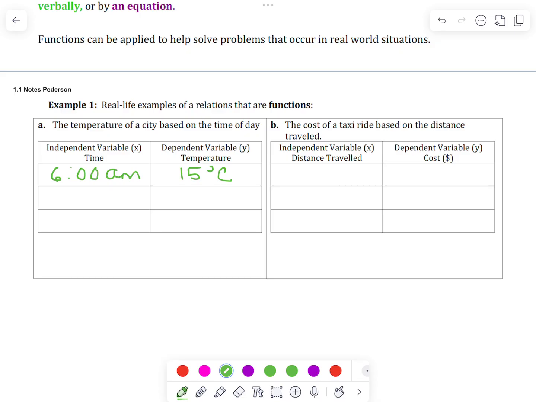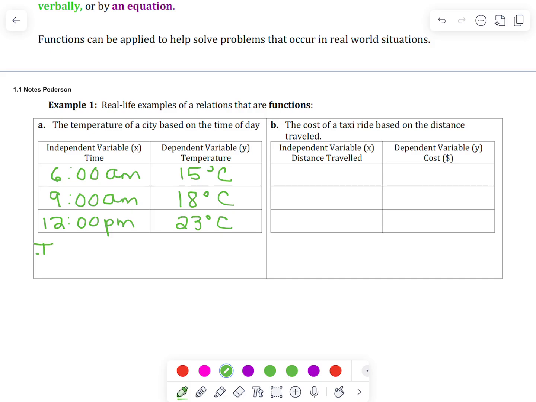So that will be the temperature, the y. Then 3 hours later, at 9 a.m., the temperature rises to 18 degrees Celsius. Then at 12 p.m., 3 hours later, the temperature rises to 23 degrees Celsius.